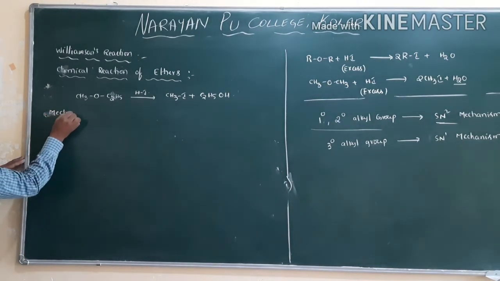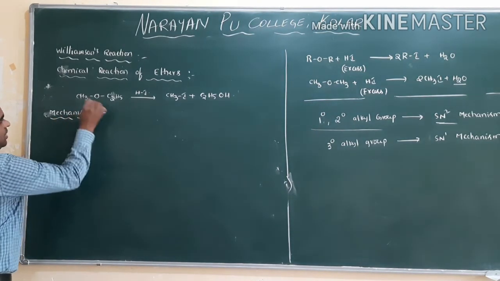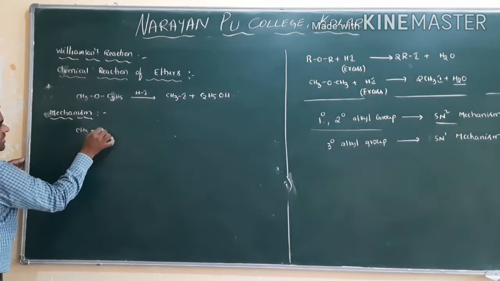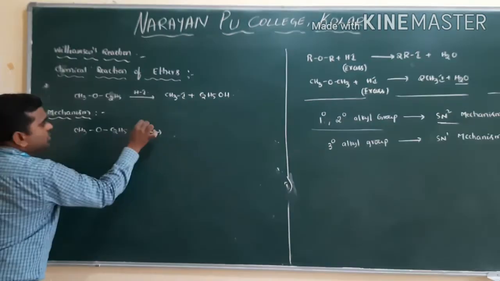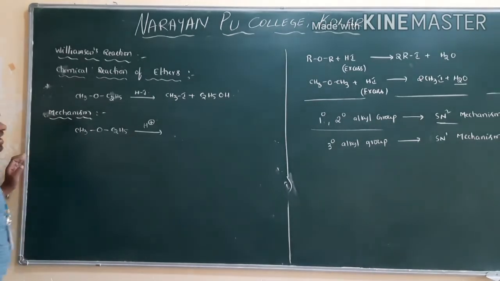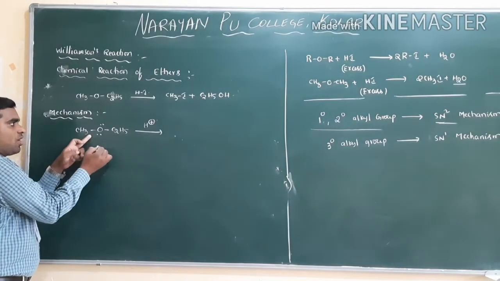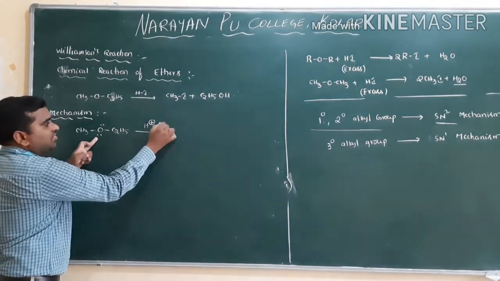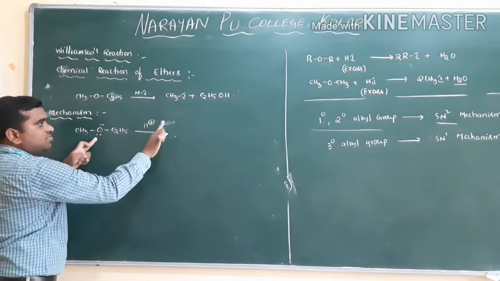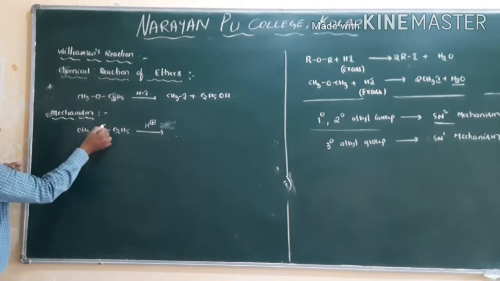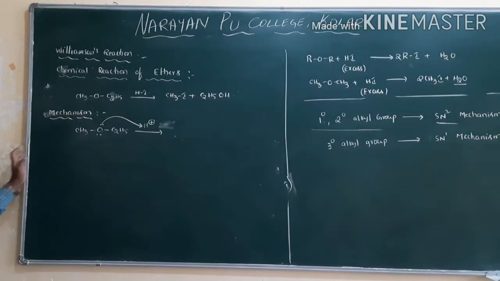See the mechanism. Here CH3 O C2H5 and HI. HI gives the H plus and the I minus. H plus is electron deficient, and oxygen is electron rich. Electron rich will react with the electron deficient only, so oxygen donates electrons to the deficient H plus.